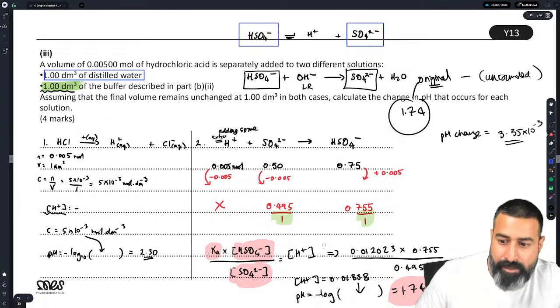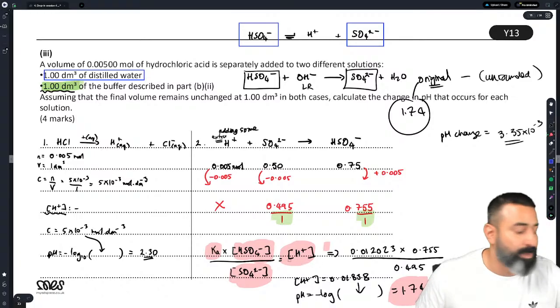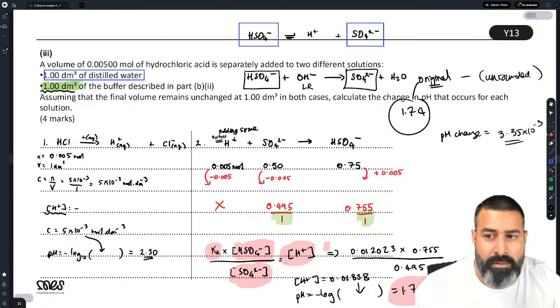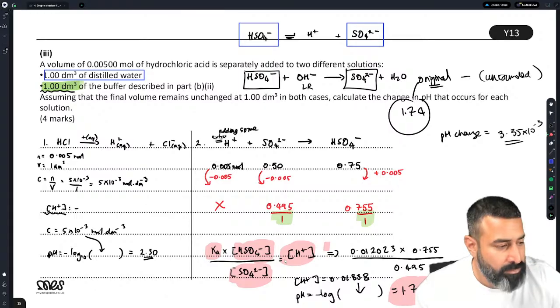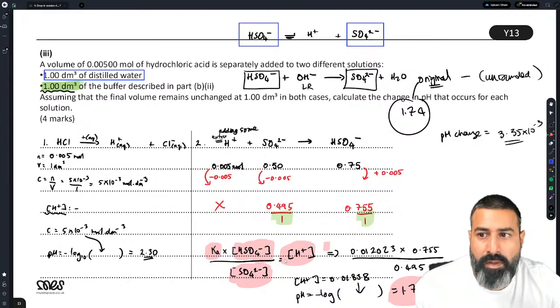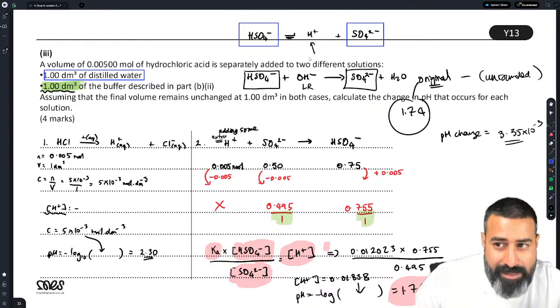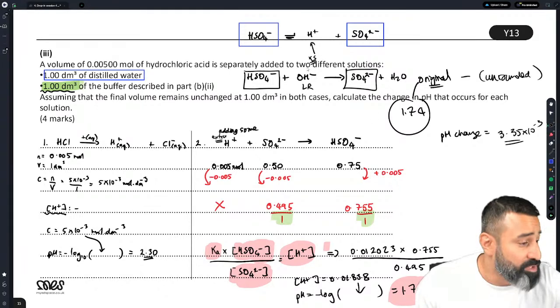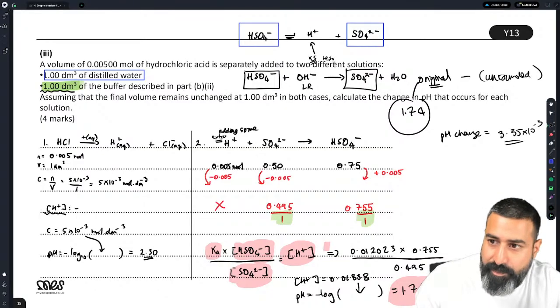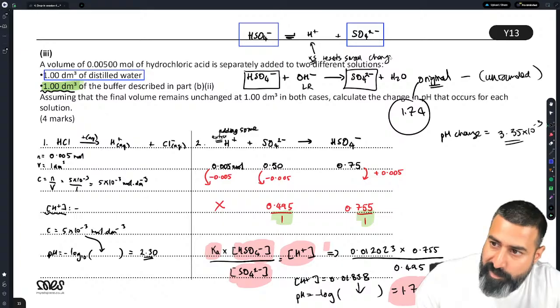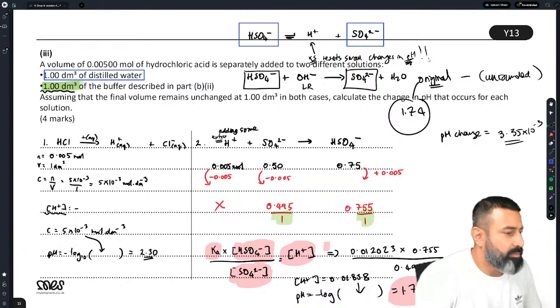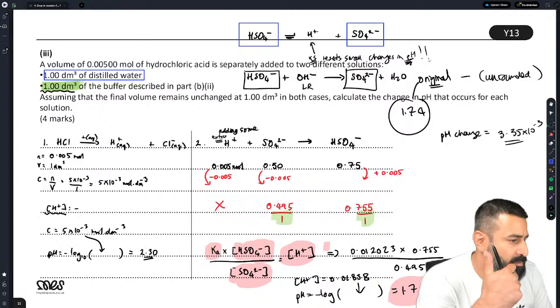So then we use Ka because that ratio affects the H plus, but not by much. And remember, if we're adding H plus, it's very unlikely to be in excess because the buffer resists small changes in pH. Does that make sense?